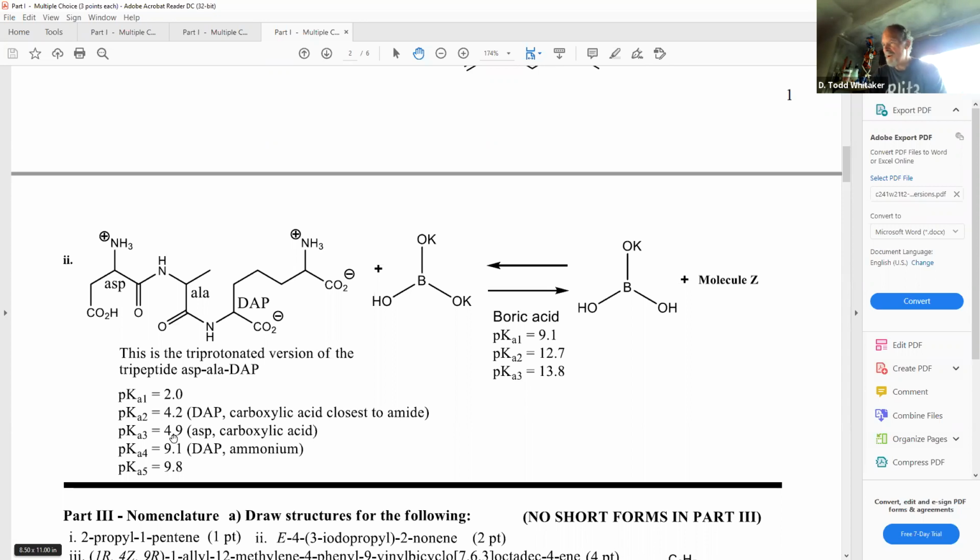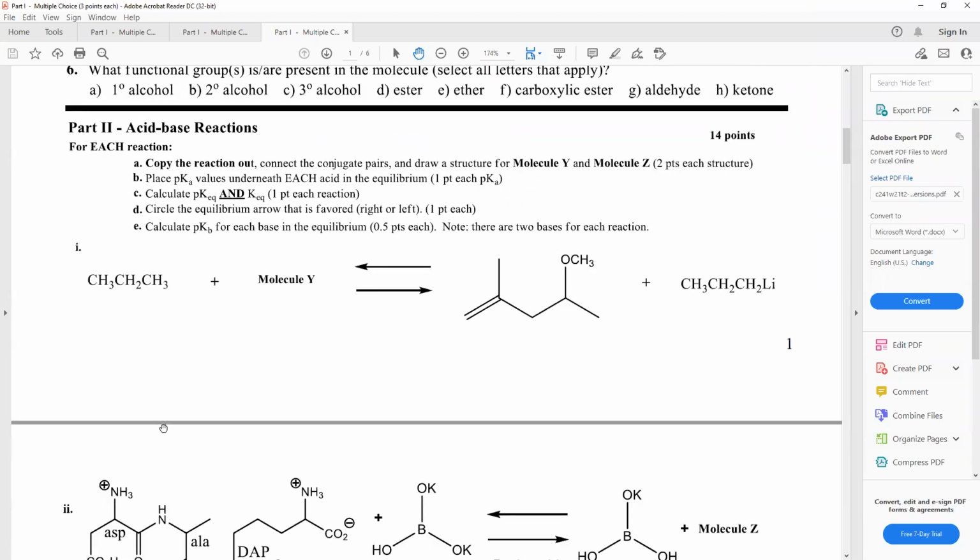Professor, can I ask you a quick question though? Can you scroll up just for a second? On this kind of question, I would pick the lowest pKa. Correct? This is a base because it's got one less proton than this. So this is the acid, this is a base. So that makes this an acid.